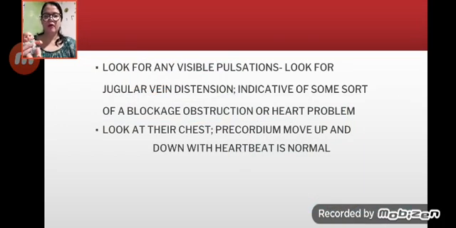Then look also for any visible pulsations. Look for jugular vein distension, because this indicates some sort of blockage, obstruction, or heart problem. So how are you going to check the jugular vein? Of course, you need to position your baby like this. You need to check the neck part. Okay?